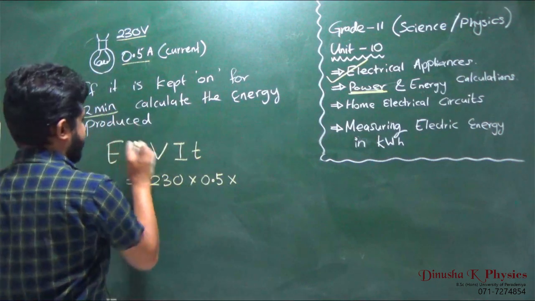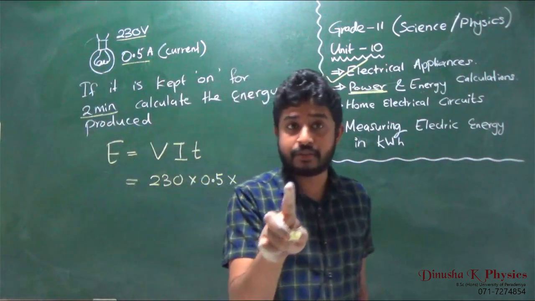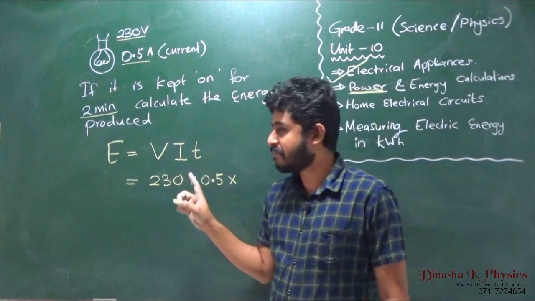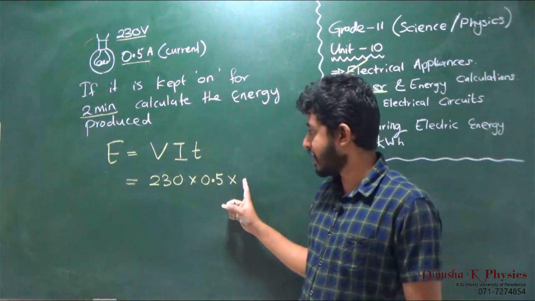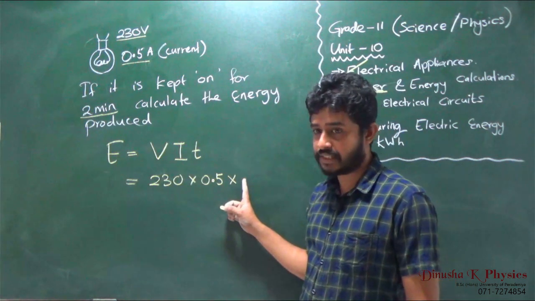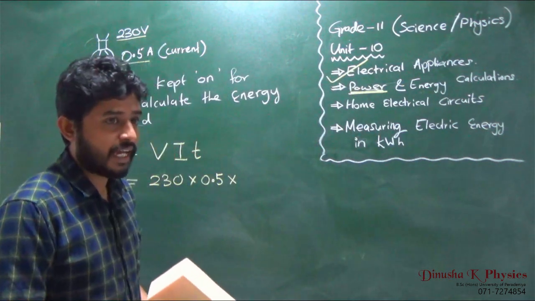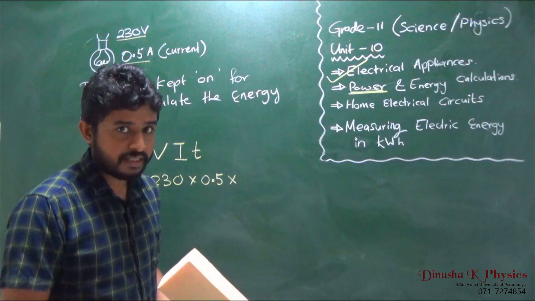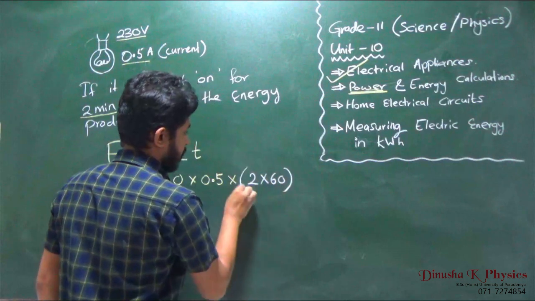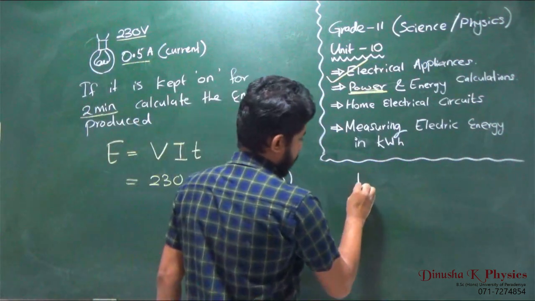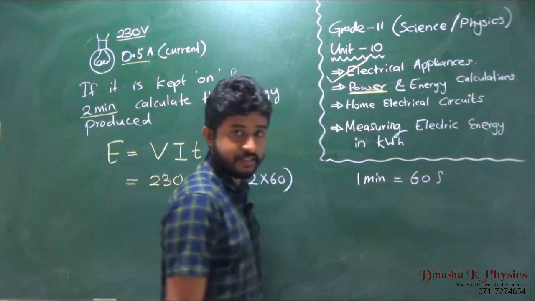So when you are substituting for this equation, the minutes must be converted to seconds. හරි? මොකද time එකේ standard unit එක SI unit එක seconds. So always we have to use in SI units. So how to convert 2 minutes into seconds? We have to multiply 2 by 60, right? 1 minute is equal to 60 seconds.